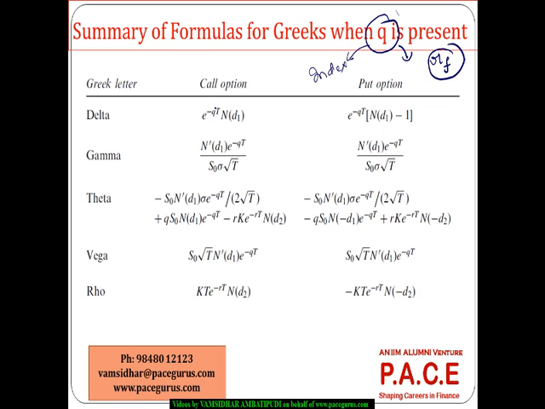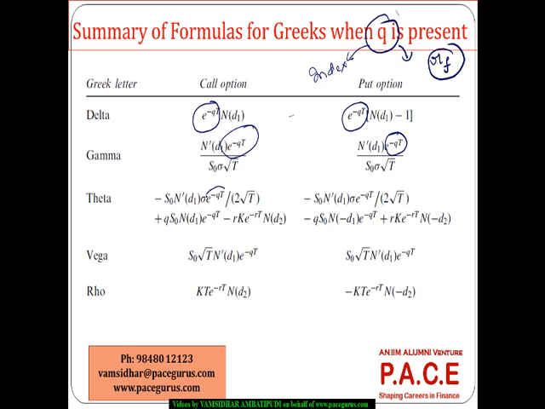And if you look at the difference, in case of delta, we have added e power minus qT. We are multiplying it with a factor of e power minus qT. The same thing is going with respect to gamma. We are multiplying the non-dividend version with e power minus qT, both for the call as well as the put for computations of delta and gamma.